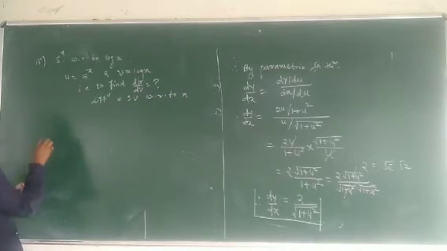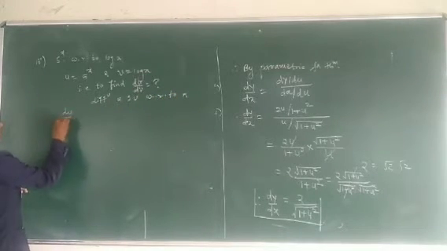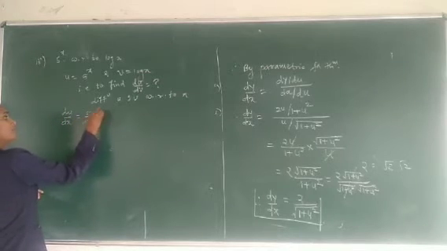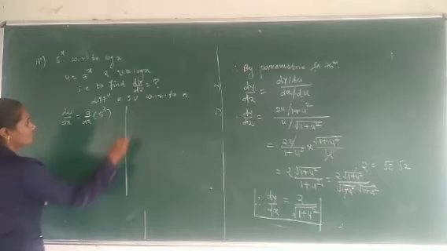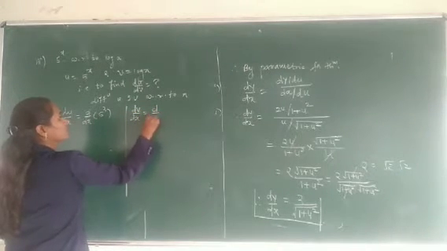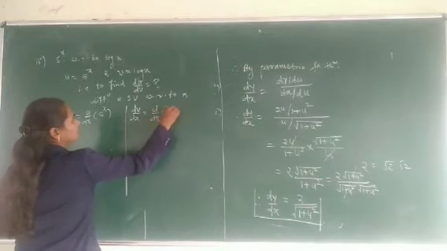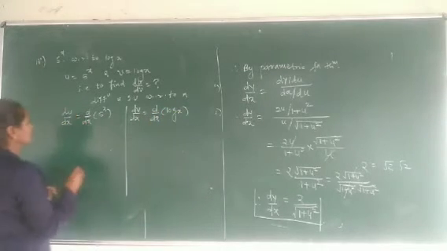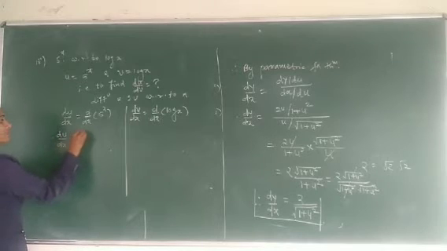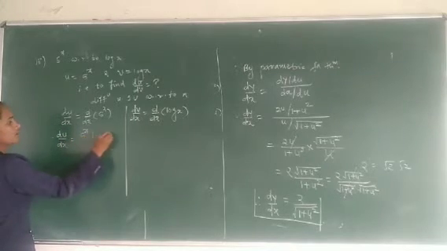Differentiate u and v with respect to x. So the derivative of u, du upon dx, is d by dx of 5 raised to x, and dv upon dx is equal to d by dx of log x. That is, du upon dx is equal to 5 raised to x into log 5.